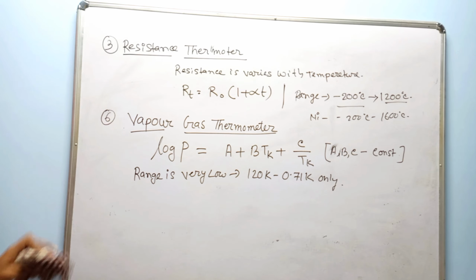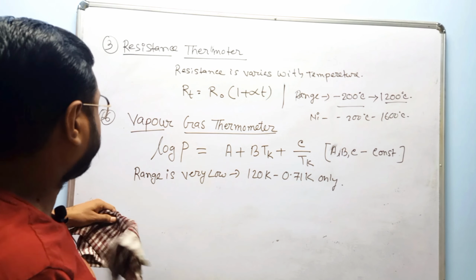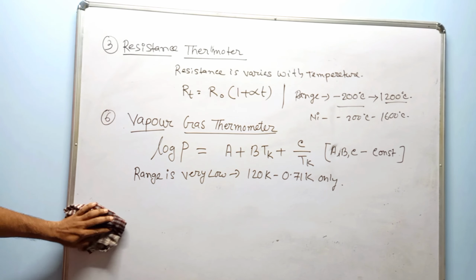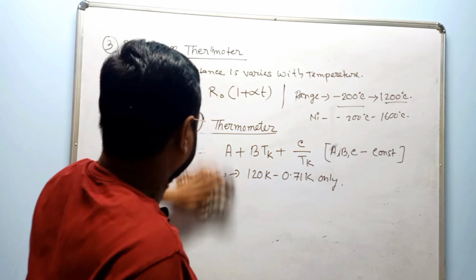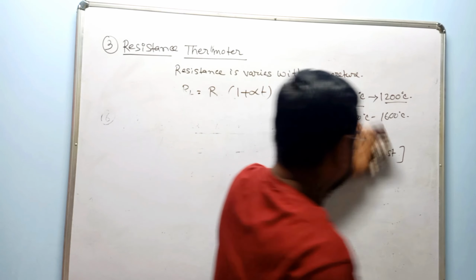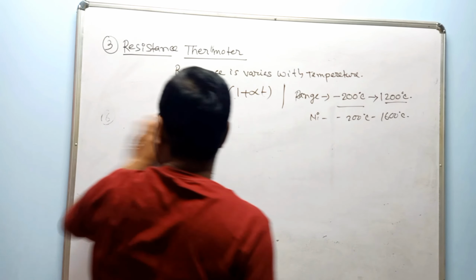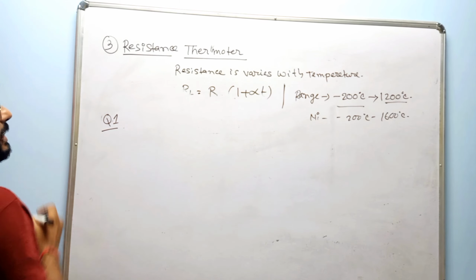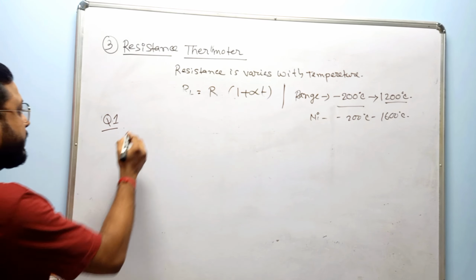So we know the different types of thermometer. Now we do some numericals. Suppose the temperature in centigrade scale is increased by 30 degree centigrade.